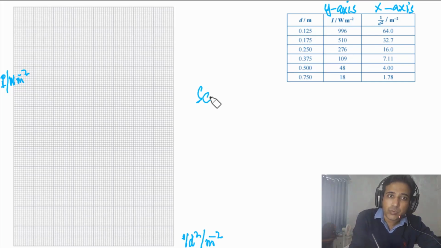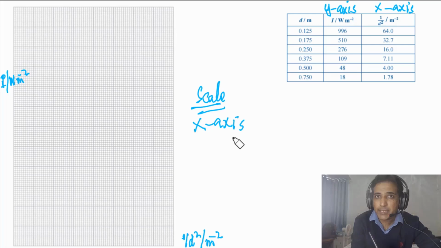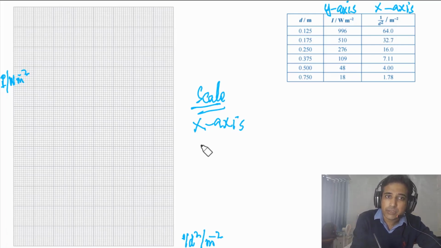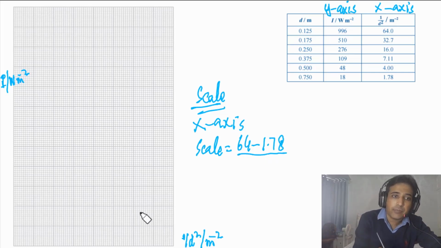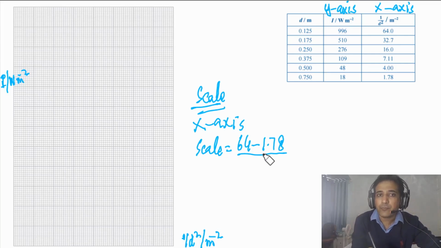The next step is we need to choose the scale along the x-axis, and also along the y-axis. For the x-axis, you can see the maximum value. So how can we choose the scale? The maximum value is 64 minus the minimum 1.78, and we can divide this by the number of big squares. How many big squares do we have? 1 2 3 4 5 6 7 8, so we can divide by 8.